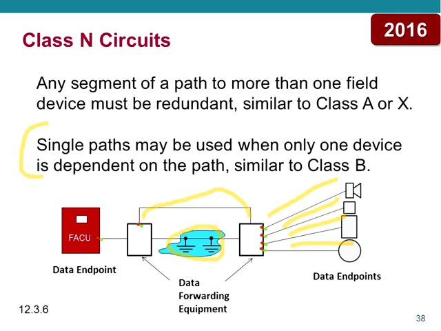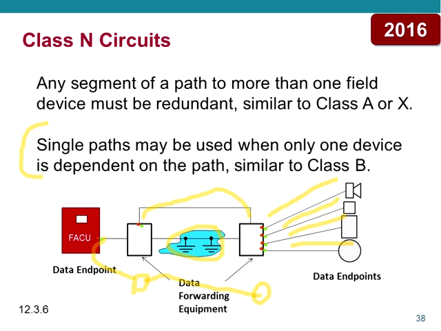Single paths may only be used when one device is dependent on the path, similar to a Class B. If I had data forwarding equipment with only one thing connected to it, and then connected to the fire panel, a single pathway would be okay. But in this case that we've shown here, that requires two.